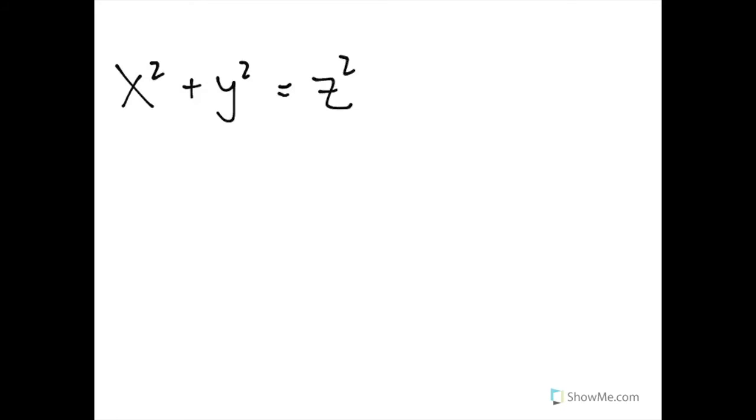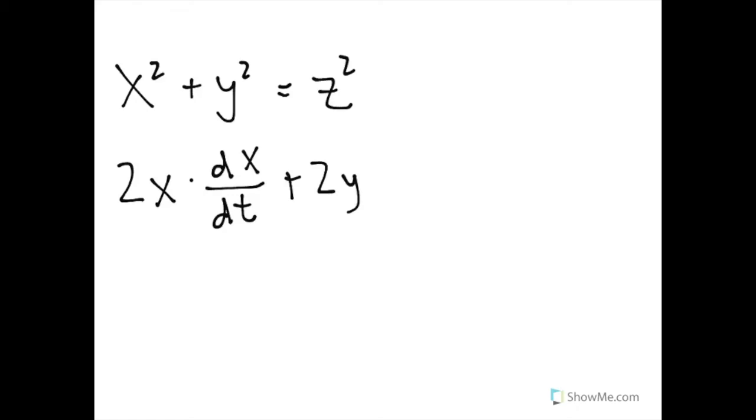And then we need to take the derivative of both sides with respect to t. So we should get 2x times dx dt plus 2y times dy dt equals 2z times dz dt.